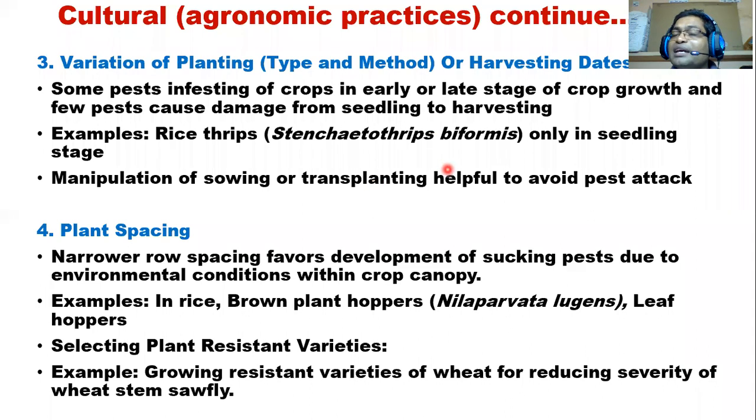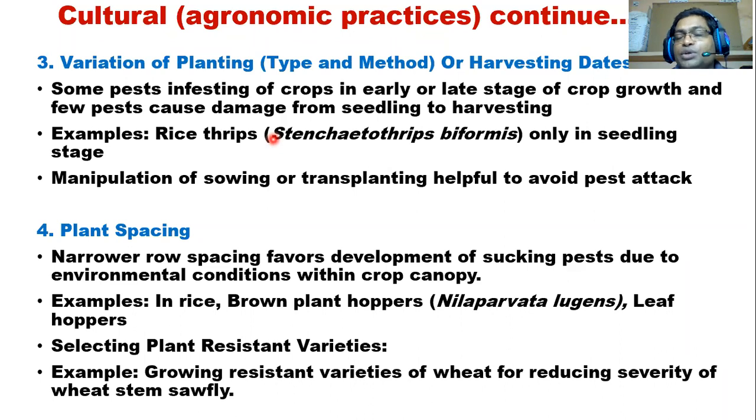And also you can adjust the planting time. For example, in thrips, if you are taking chili, chili thrips, Scirtothrips dorsalis, is highly effective and causes damage in the dry seasons, when the temperature is increasing.